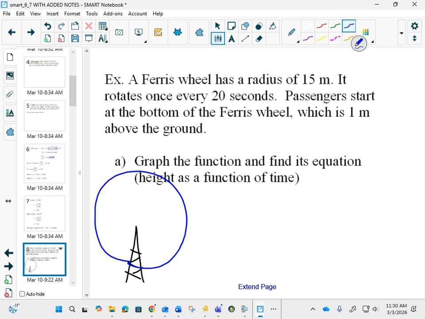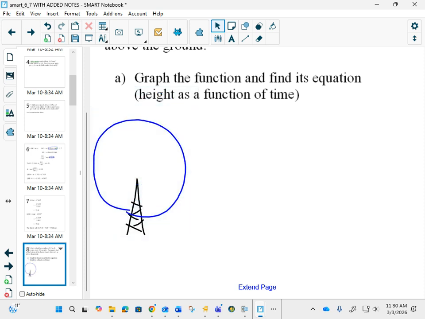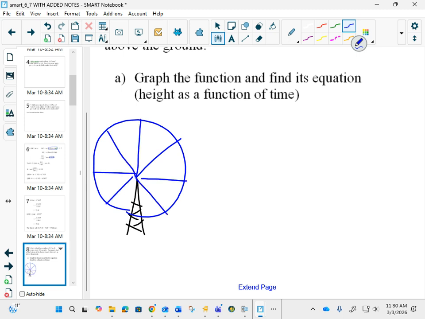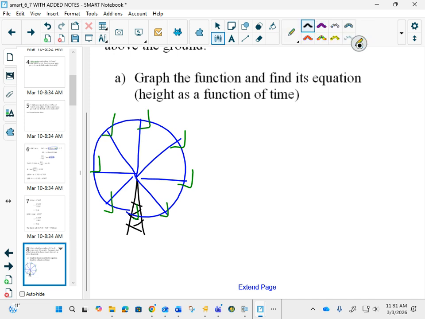Oh, that's a little bit too big. Right there, drag it down. It has spokes going to this, obviously, otherwise it'll fall off. And there's chairs. Oh, so much fun. So you can, as a person here, there we go.